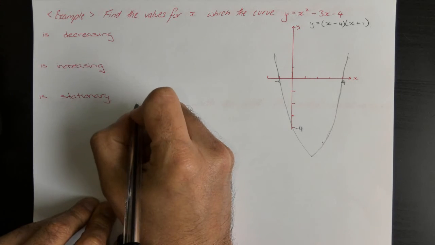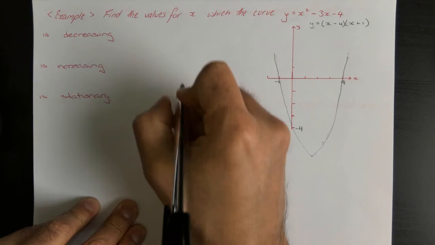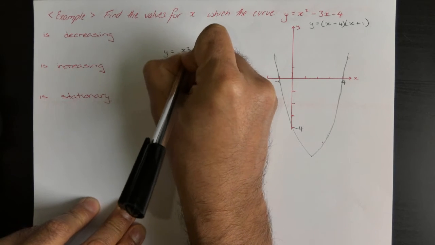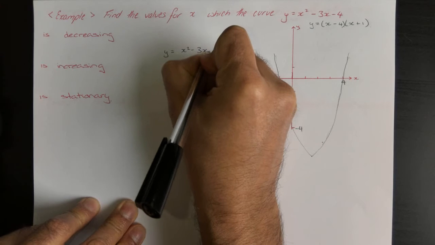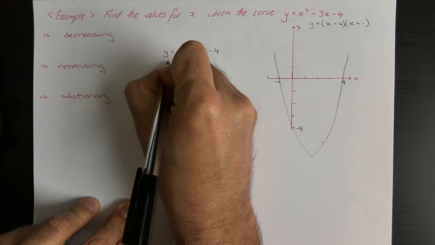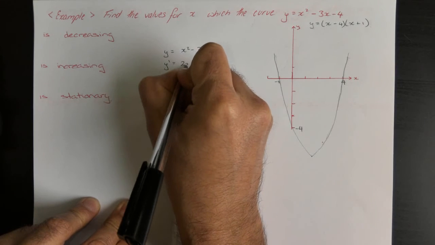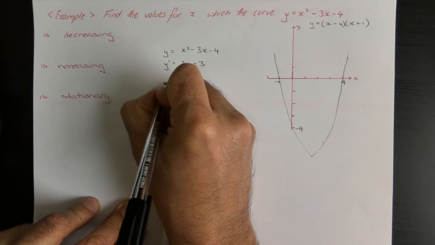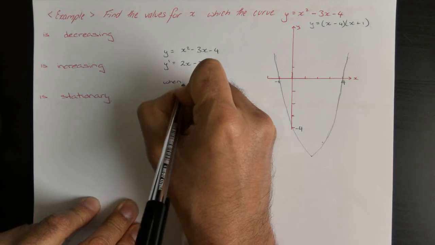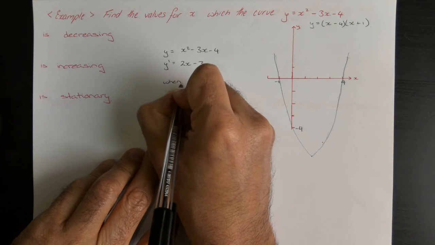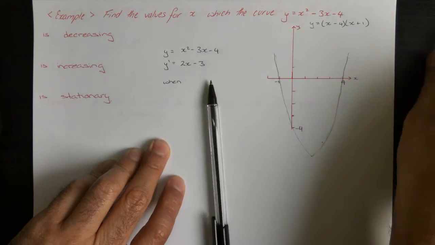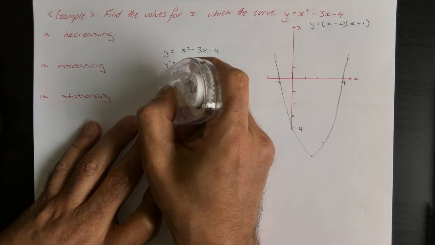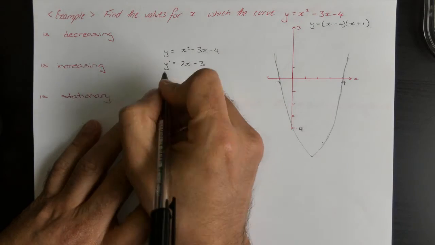If y equals x squared minus 3x minus 4, then y dash equals 2x minus 3. So that's the first derivative.